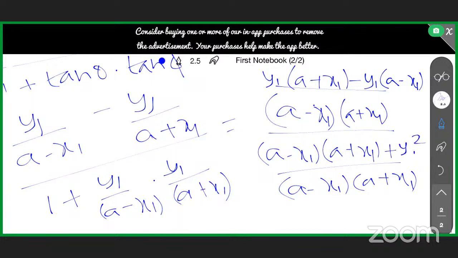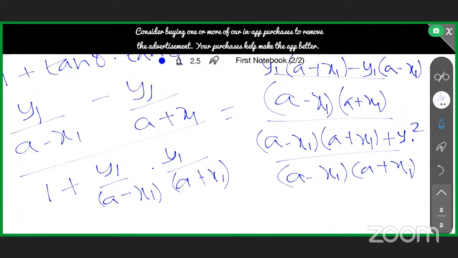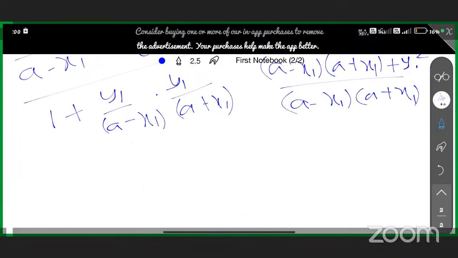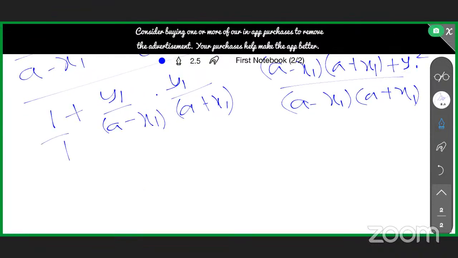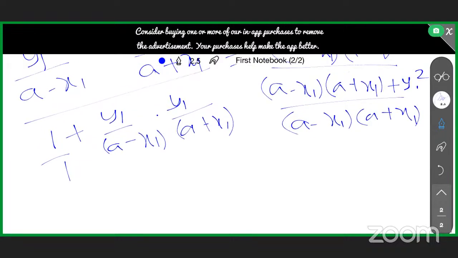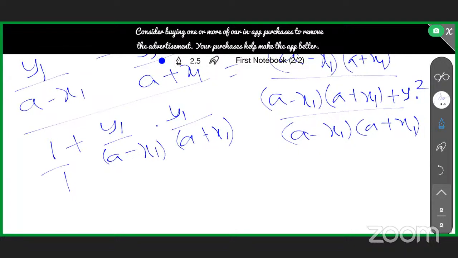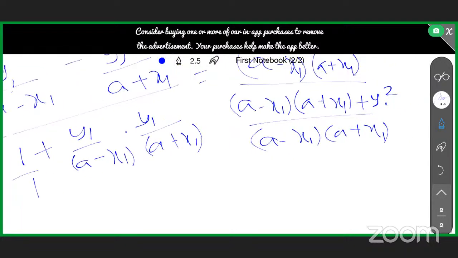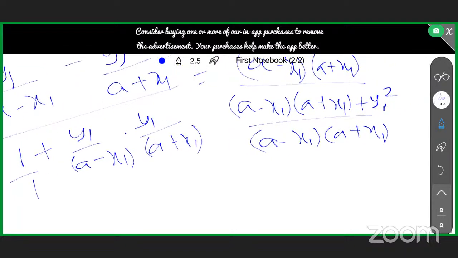Did you understand this step? No, sir. Can you explain? See, here we have got two fractions. One is 1 plus y1 square into a minus x1 into a plus x1. So I'm taking the LCM. The LCM is a minus x1 into a plus x1. If I cross multiply, it will be a minus x1 into a plus x1 plus y1 into y1, which is y1 square. Do you understand?